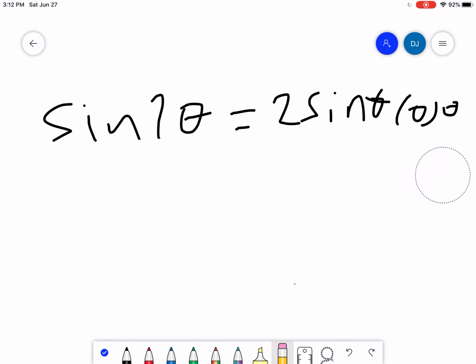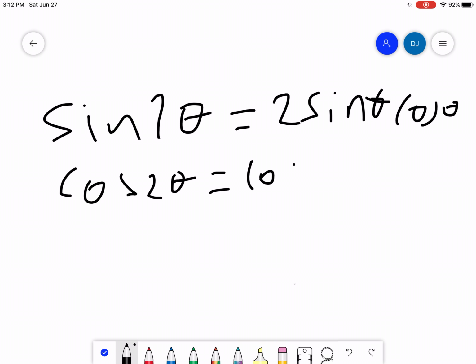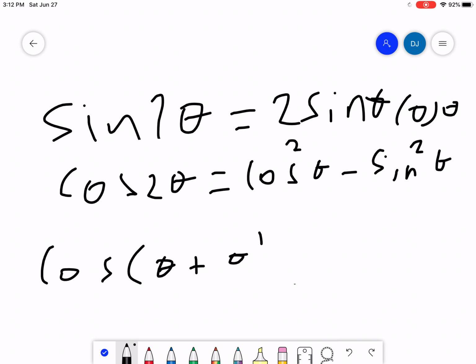And then cosine of 2 theta is the same thing as cosine squared of theta minus sine squared of theta. And this can be derived by simply using the sum identity.